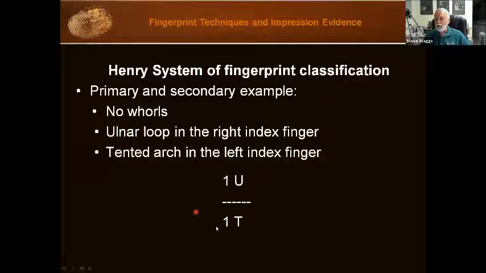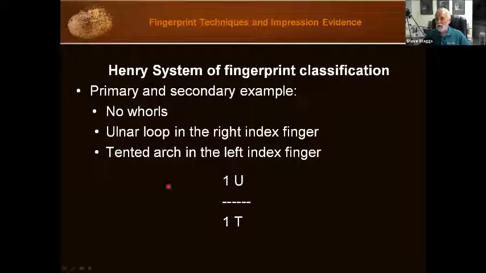Down here is what our classification is going to start looking like. We have 1 over 1, meaning there's no whorls at all, right? And we can also see that the right index finger, right is on the top, is an ulnar loop.